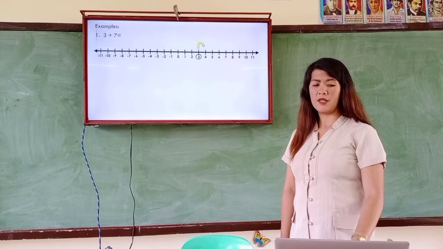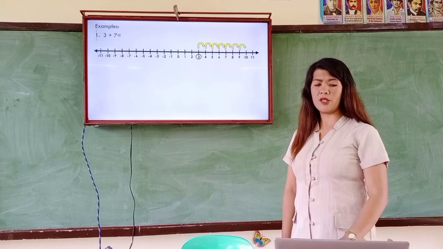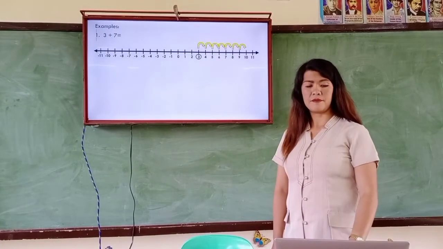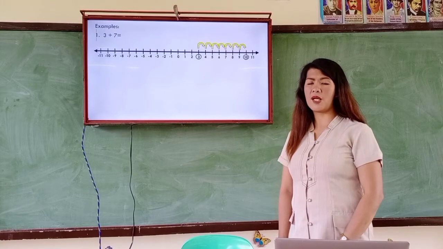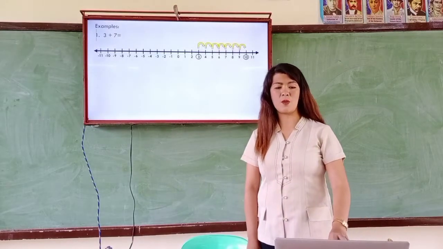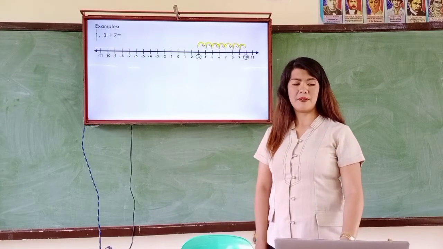So we have 1, 2, 3, 4, 5, 6, 7. We stop at positive 10. Therefore, positive 3 plus positive 7 is equal to positive 10.